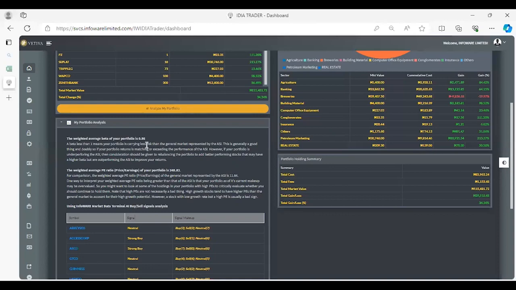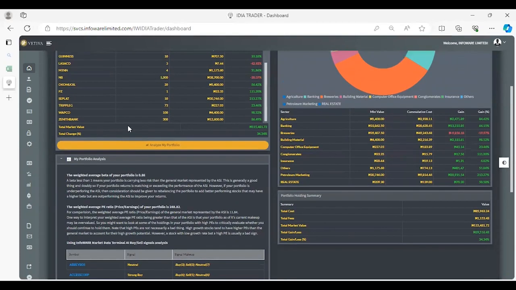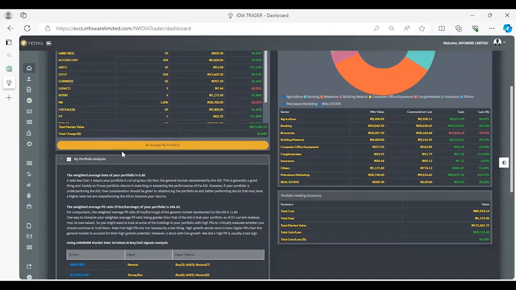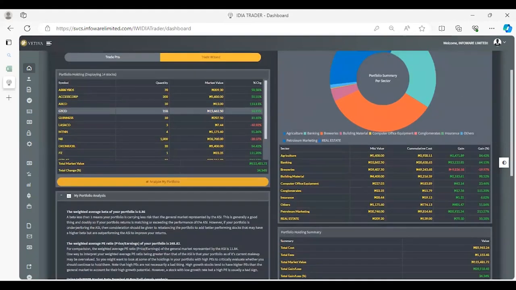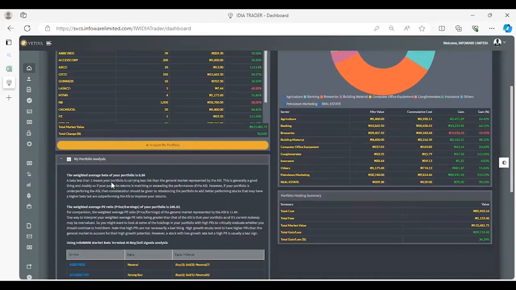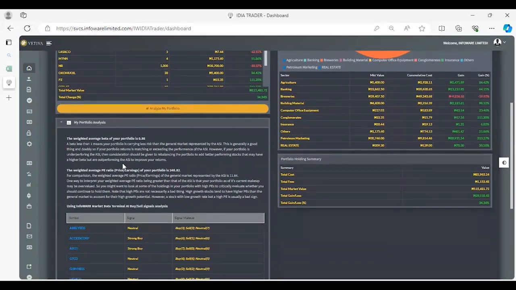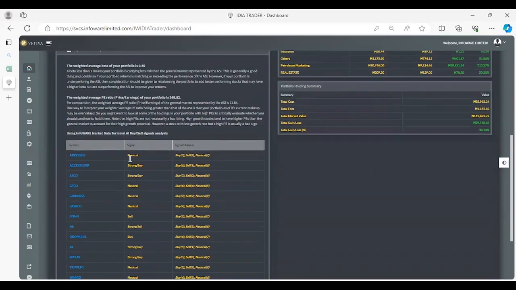If I have a beta of 0.86, it's saying that I have a well-distributed portfolio, which means that I'm carrying less risk. And if you look at it, I have my investment distributed, which means that I'm not exposed to even a sectoral risk that much, you understand? So there's a lot of analytics you can get.